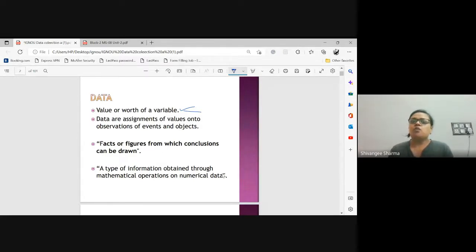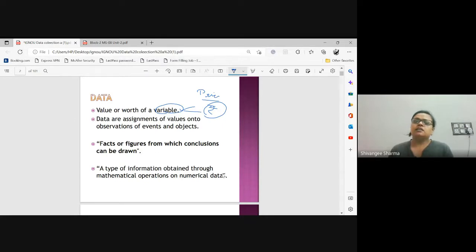So the value or the worth which is given to that variable is called data. As price is measured in India in the form of rupees, the value of that particular product or quantity will be the worth of that price.